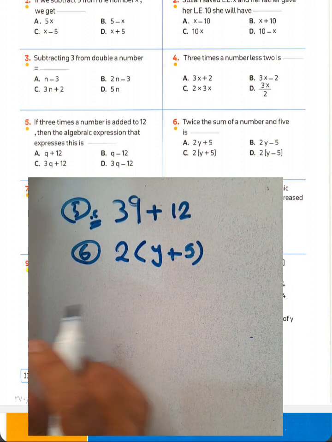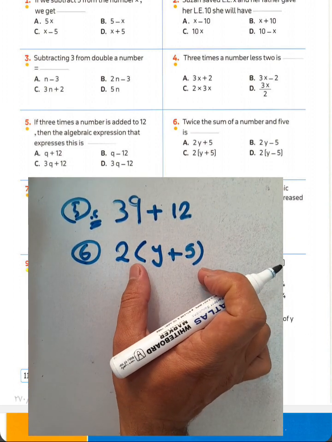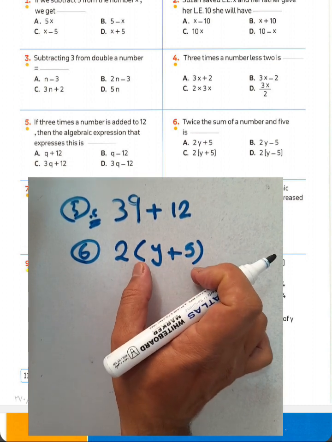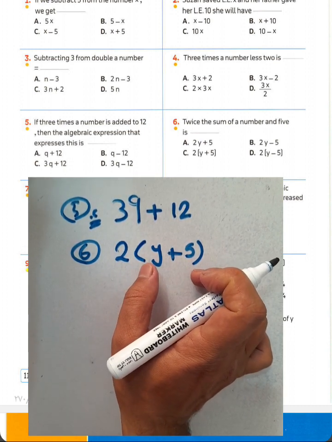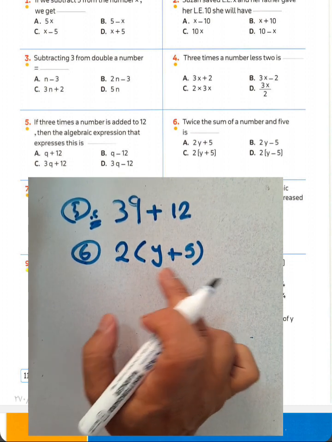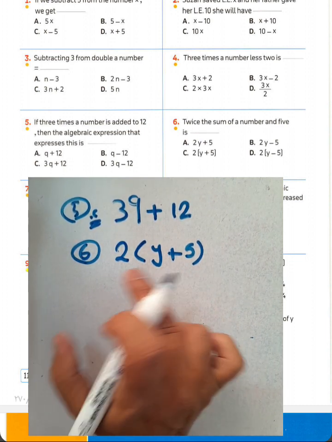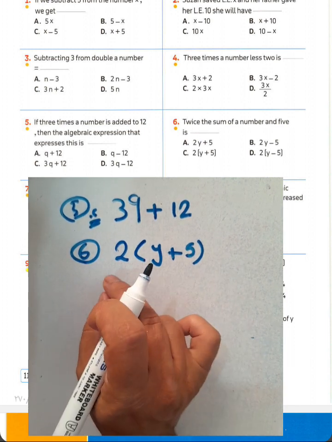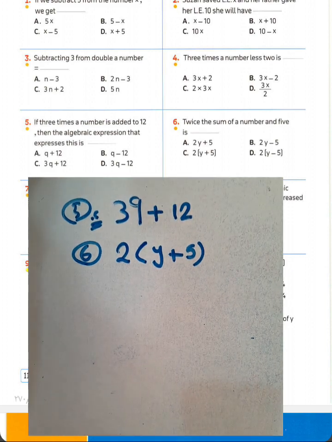Twice the sum means parentheses. Again, twice means 2 multiplied by parentheses. The sum of a number, you can write here unknown y, and 5, and it reverses to plus. Twice the sum of a number and 5 will be 2 multiplied by y plus 5.